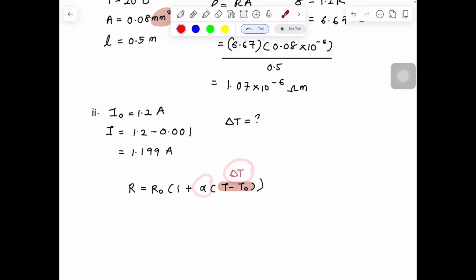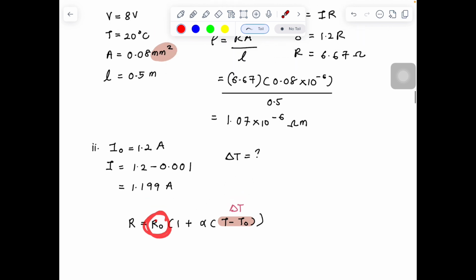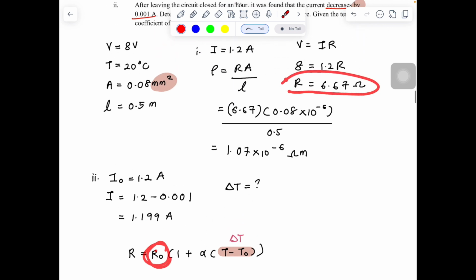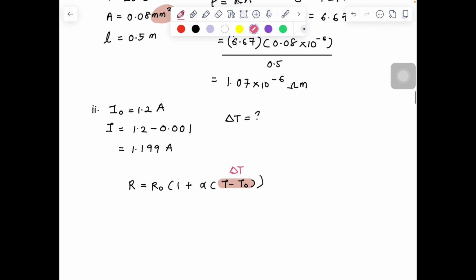Alpha dia dah bagi. R naught adalah initial resistance, yang ini. Initial resistance is when the I naught is 1.2. Now we need to find what is the final resistance, final value for resistance when I is 1.199.